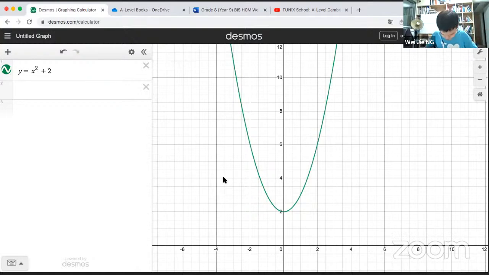Okay, so let me try drawing it. 0 is at this corner, and that's 2. 1 is 3. And 2 is 6. That's a huge jump.